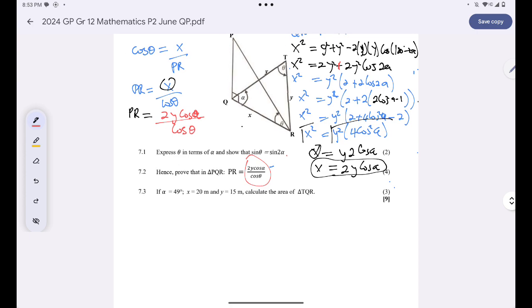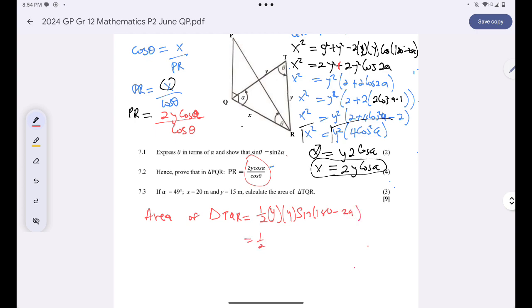Okay, the area of triangle TQR, we can find it by just saying it's 1/2 multiplied by TQ, which is y, and TR, which is also y, multiplied by the sine of 180 minus 2a.